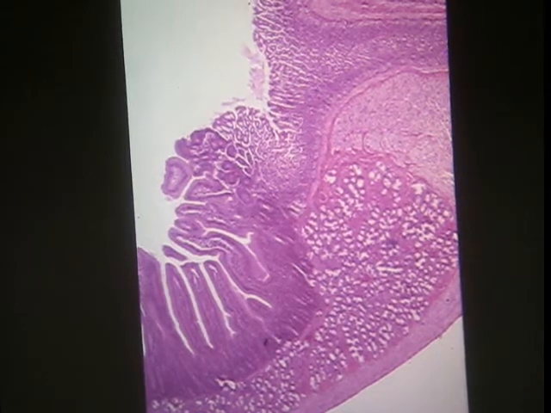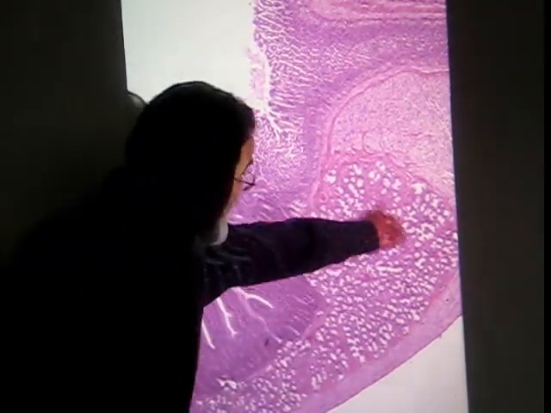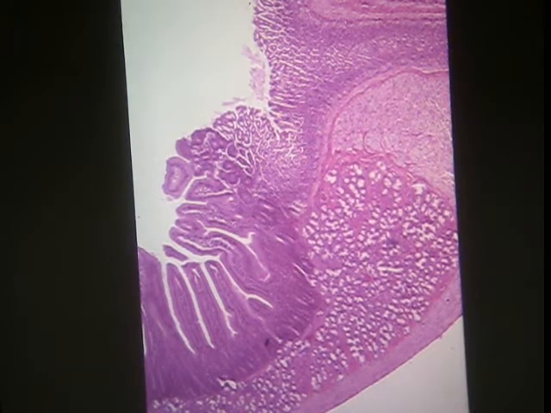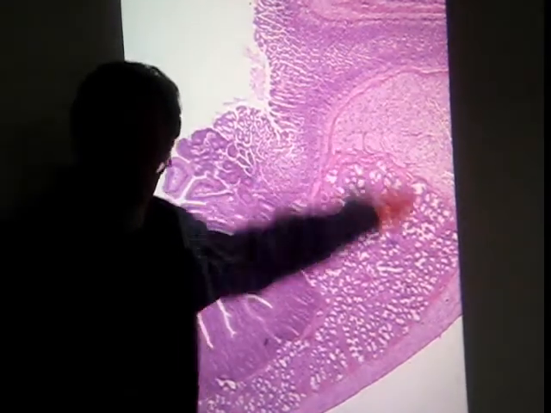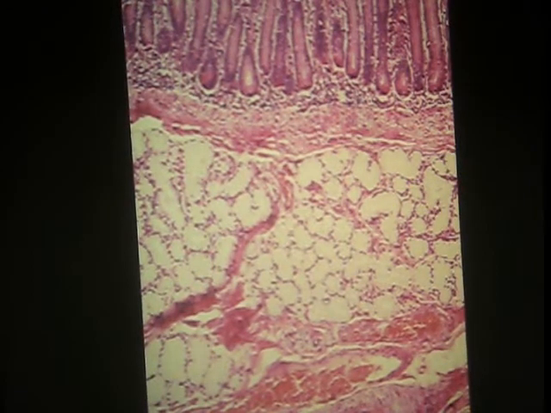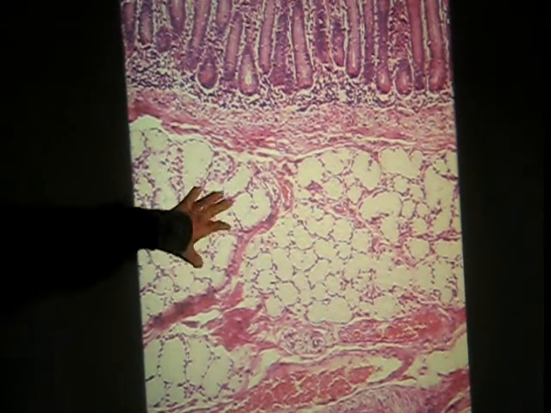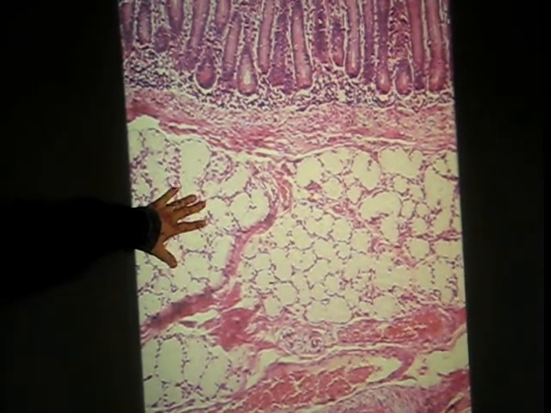All right? What's this puppy right in here? And that's characteristic of what region of the small intestine? Good. And then we've got the pyloric sphincter right there. So, even though this is high power, we know because of that it's the duodenum.